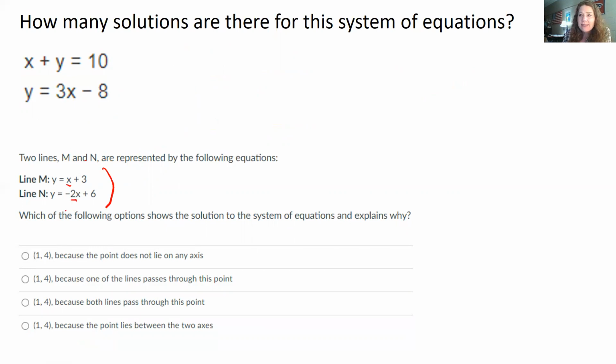The next thing I want to think is, well, what if I multiply the first one by a digit, all of them by one digit, would I get what's down here in the second one? Let's say I tried a -2 because x is -2. Well, y times -2 is -2y equals x times -2 is -2x, and 3 times -2 is -6. This is not this equation, is it?